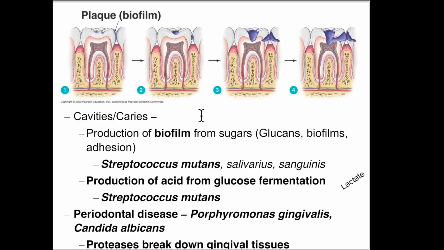Bacteria in your mouth, such as Streptococcus mutans, Streptococcus salivarius, and Streptococcus sanguinis, take sugars and assemble them into long polymers called glucans, which can create a capsule.